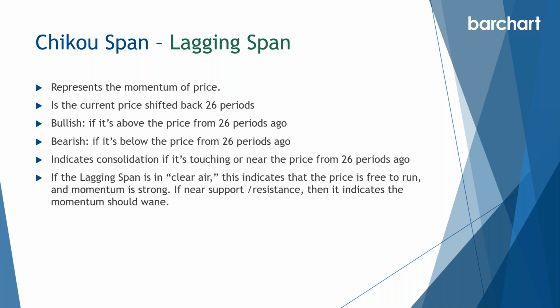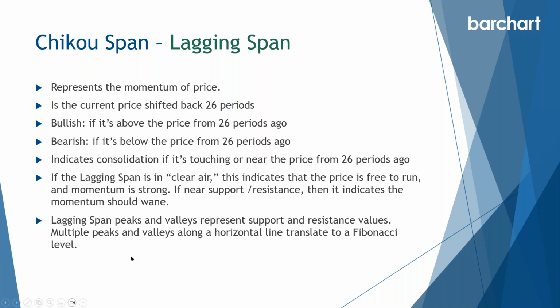Support and resistance could be the price from 26 periods ago, but it also could be the cloud. We're going to look at the cloud in a moment, but the cloud could act as a level of support and resistance, and former peaks and valleys also can represent levels of support and resistance.